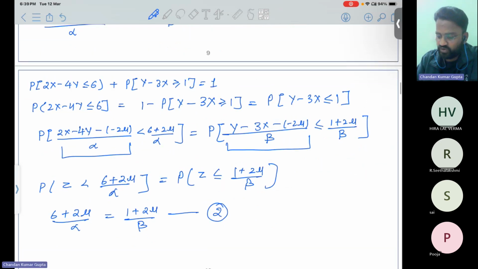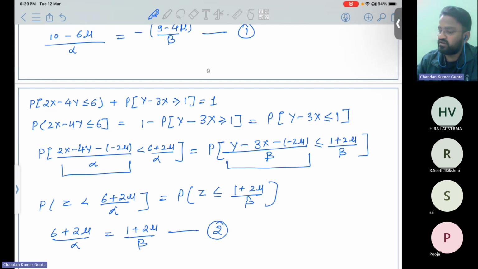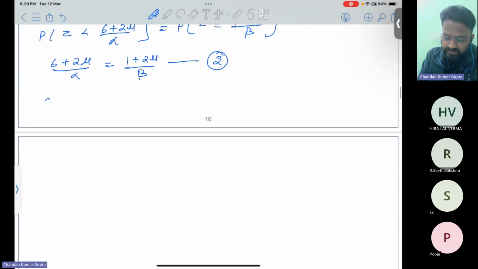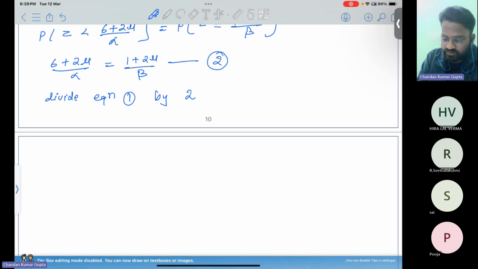For solving these, we may divide equation 1 by 2.